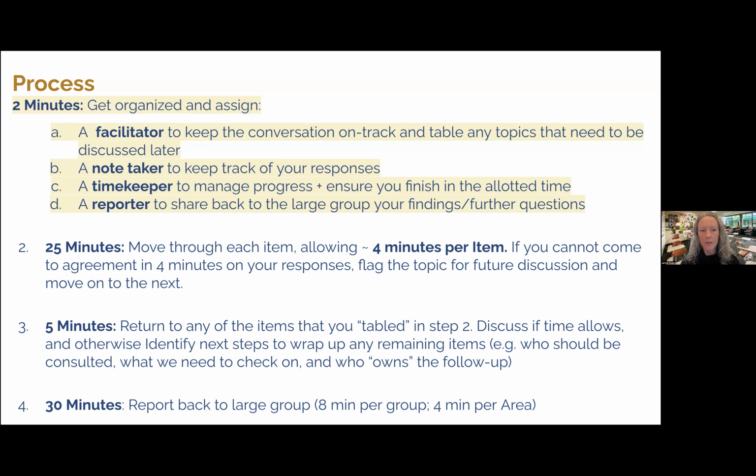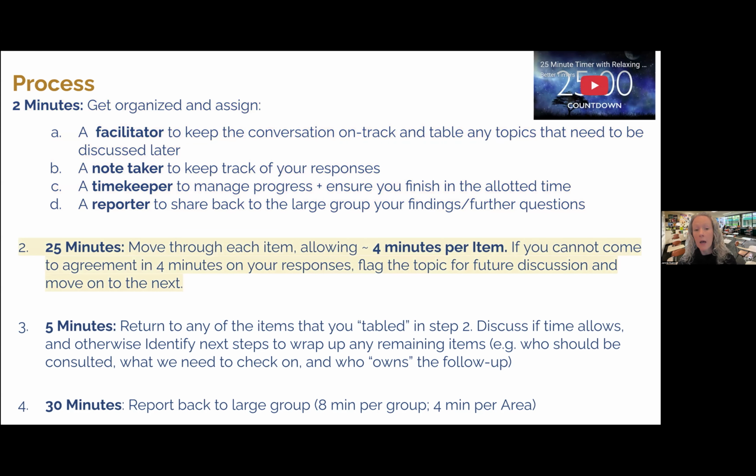But the general process that we used was I explained the concept of the global dimensions inventory. And then we took 2 minutes to get organized and assign a facilitator, a note taker, a timekeeper, and a reporter. And then we took 25 minutes, which again was not a lot of time, to go through each item, allowing about 4 minutes per item. So just again, brainstorming. This was not a time to necessarily discuss.